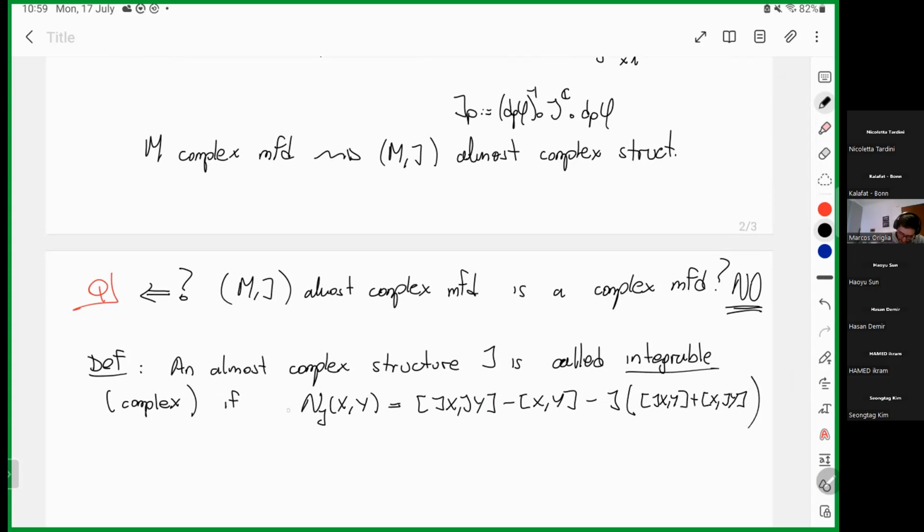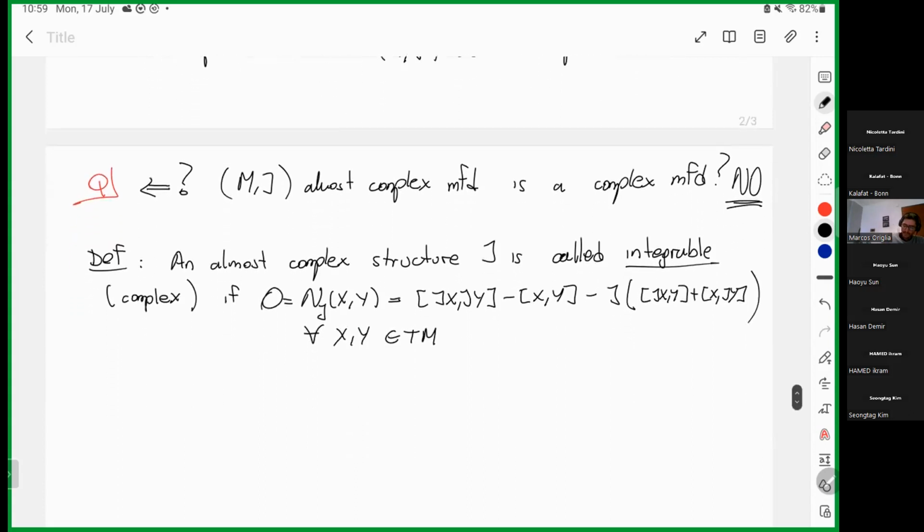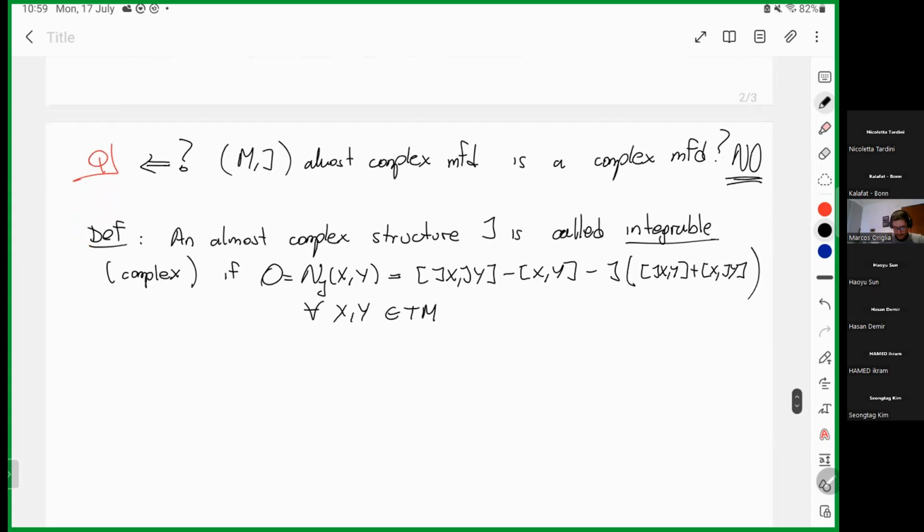This tensor has to be 0 for any X and Y. If this happens, the almost complex structure J is called integrable or complex.